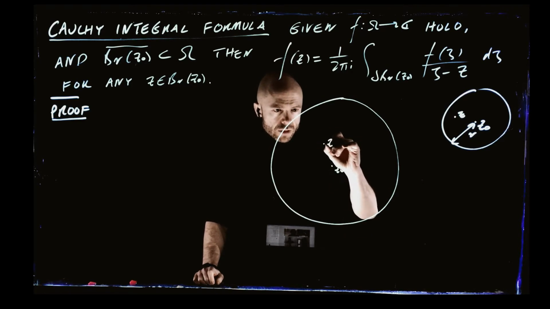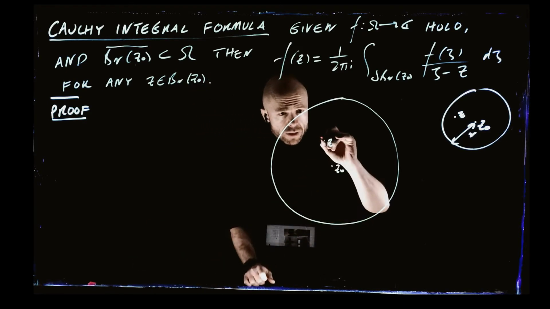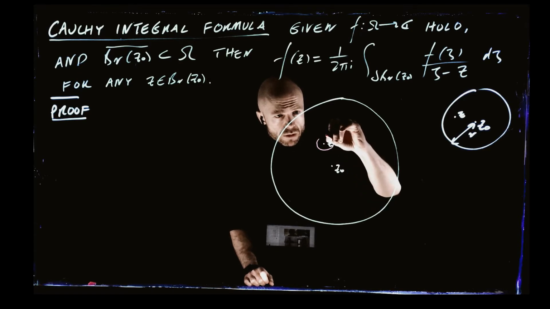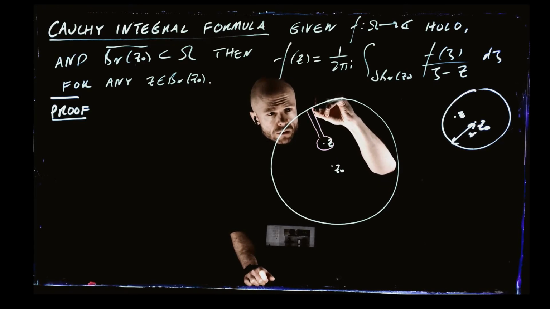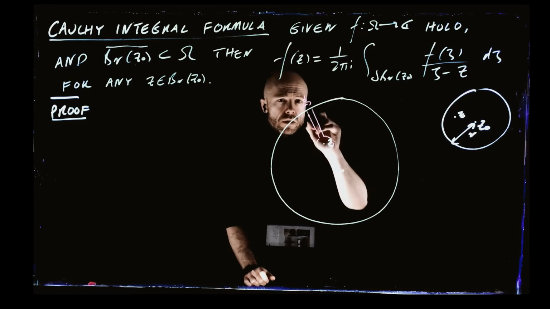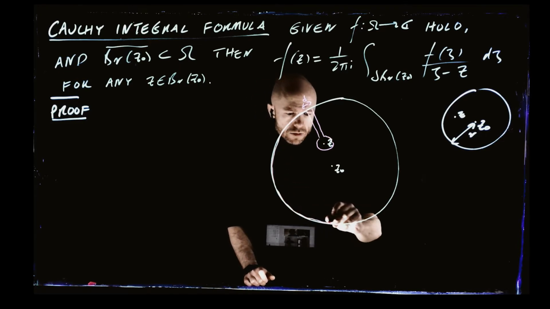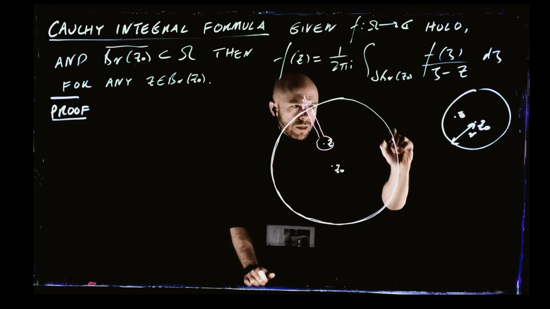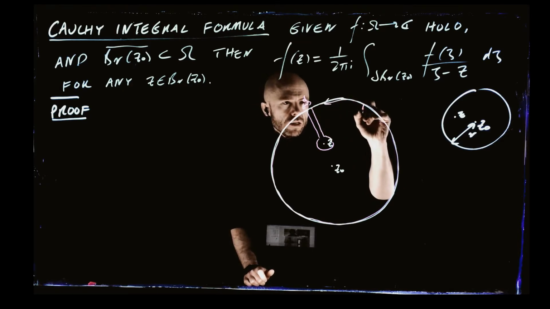We have some z like this, and we're going to create a keyhole contour like this. We're going to put a little circle around here of some small radius, and then we're going to go up like this and up like this. Okay, and we're going to let this thing be delta. And then we're going to go around like this, like this, like this. So this is our keyhole contour.